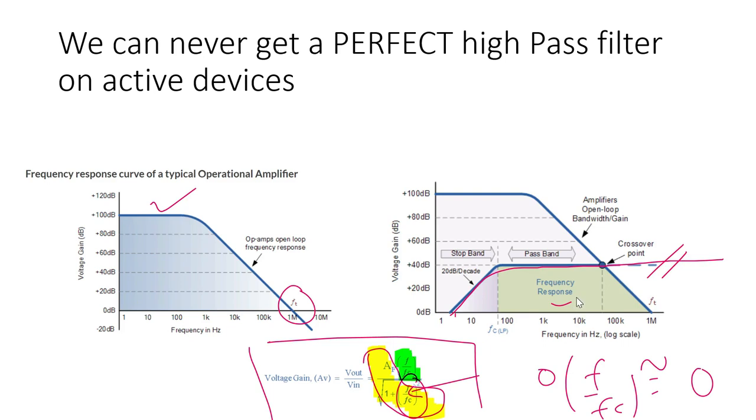So this is why we can never get a perfect high pass filter on active circuits. This is a flaw which makes it only usable for low frequency usage, but low frequency usage is still very much effective for such amplifiers.